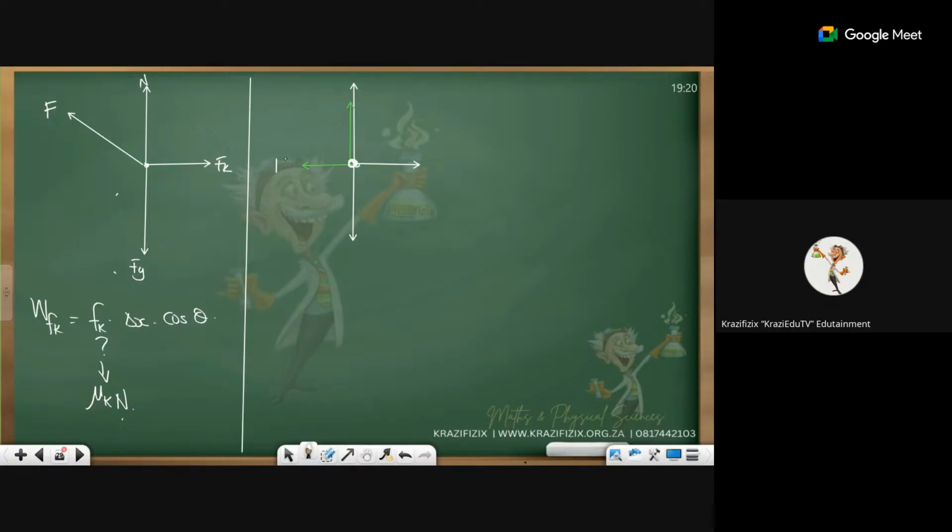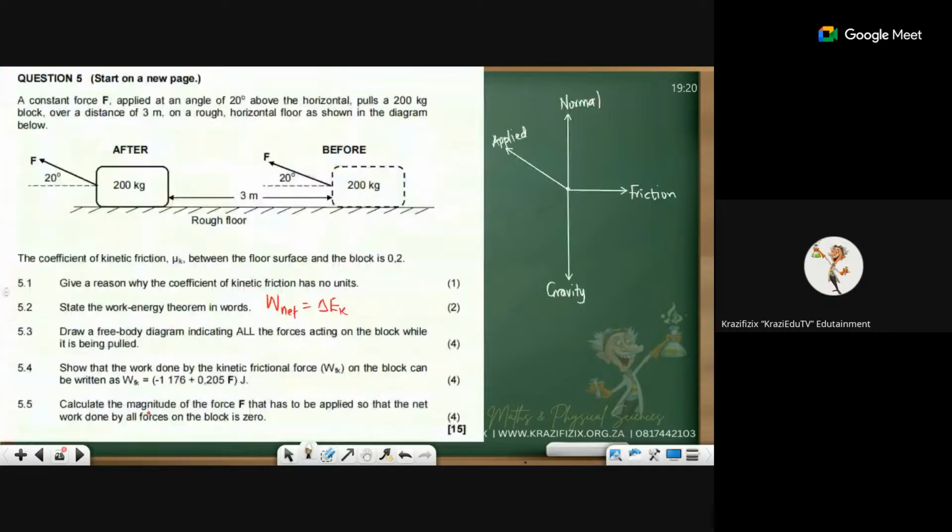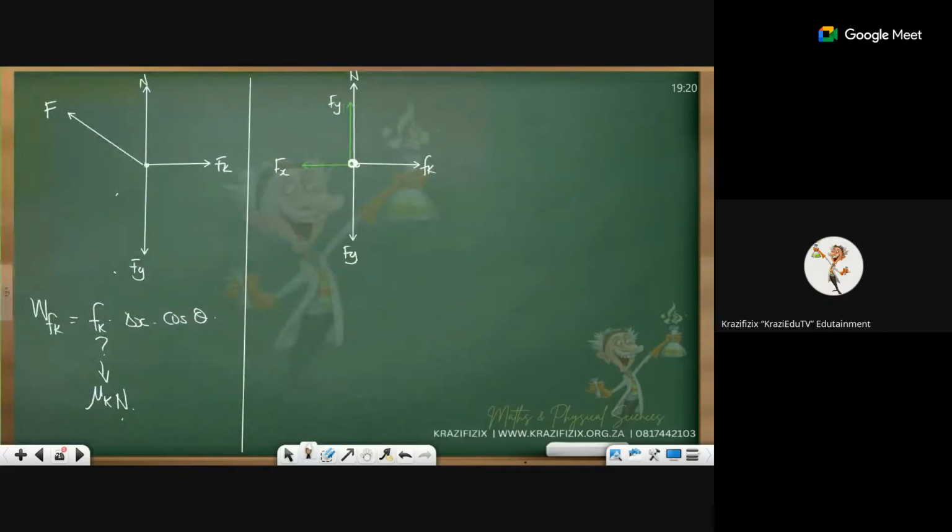So what is this? Fx, Fy, normal, Fg, and friction. Same page? Okay, where's my angle? 20. So my angle is right here. If I were to complete this diagram, this is Fy, right?